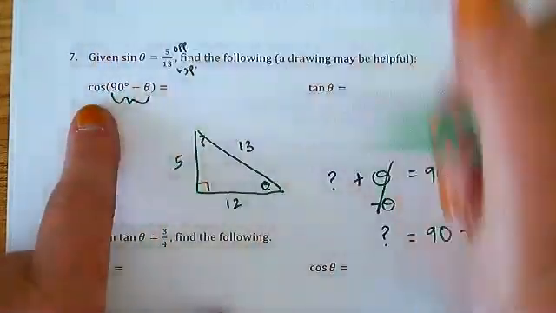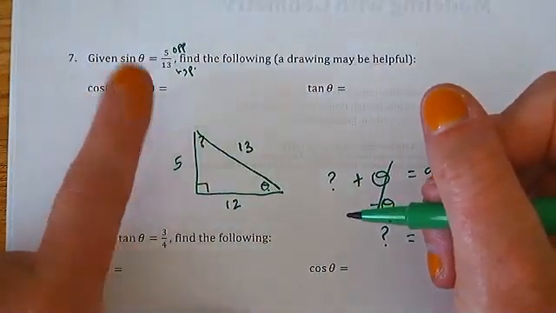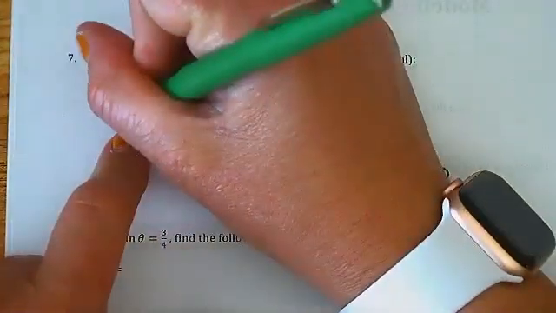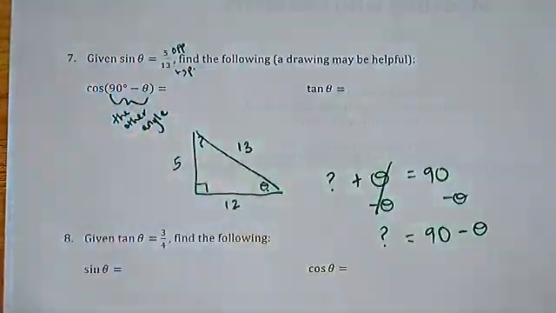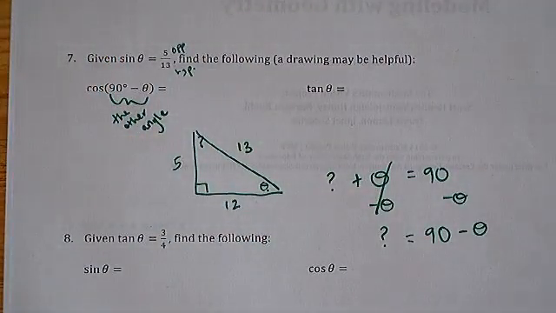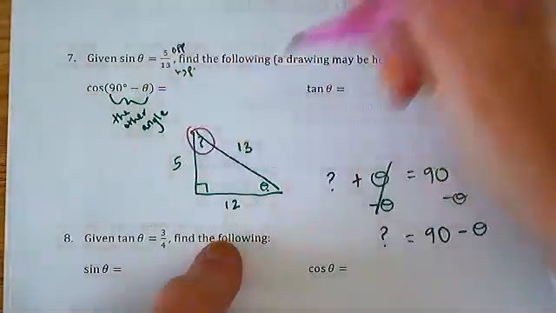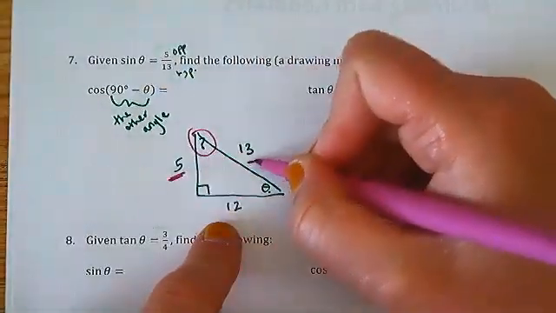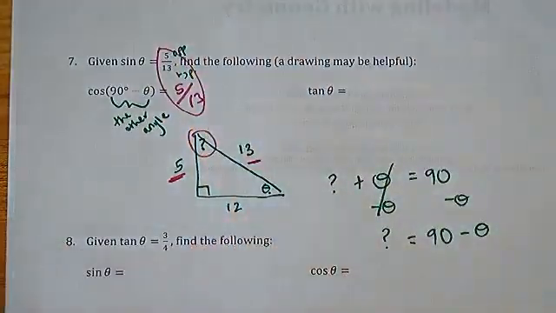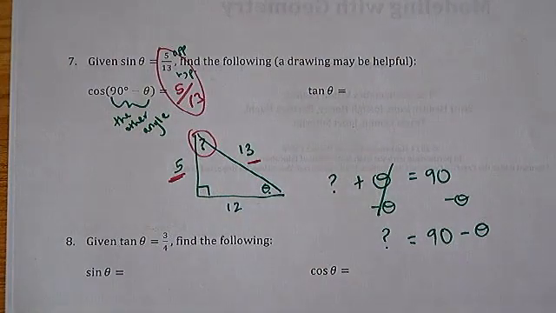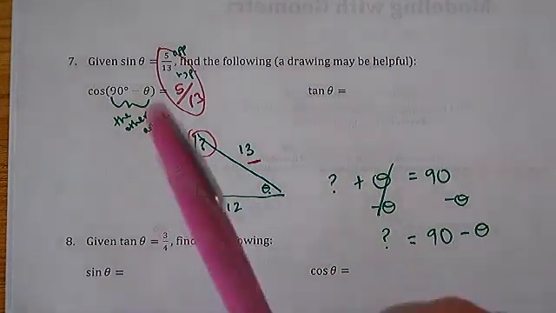So this literally is asking you, what is cosine of the other angle? The non-theta angle. Okay, so you might see that writing like that, and that's all that means. So if we want to find cosine of the other angle, from here, cosine is adjacent over hypotenuse. So as you guys can see, those are actually the same. Sine of theta and cosine of the other angle are equal.